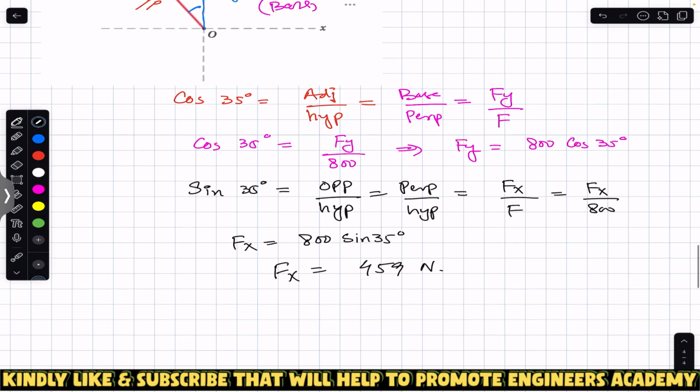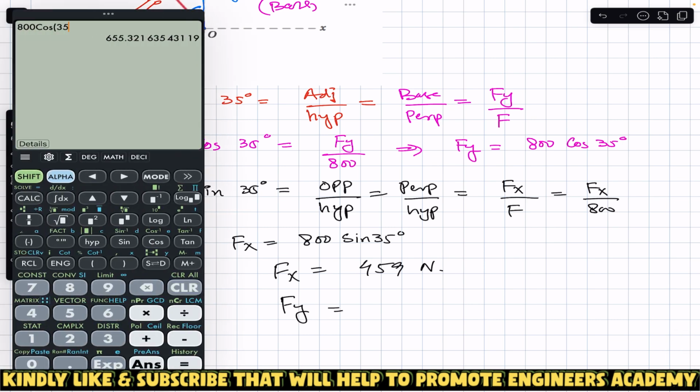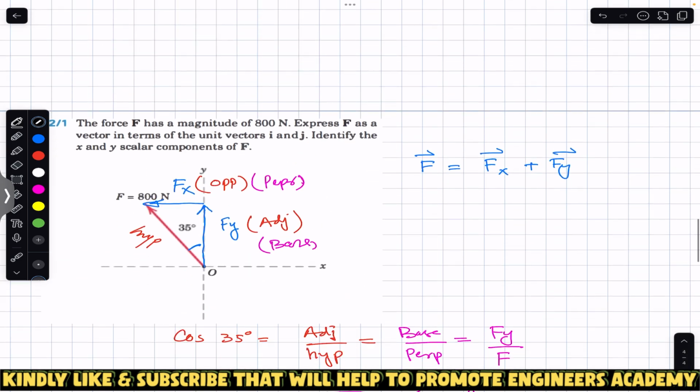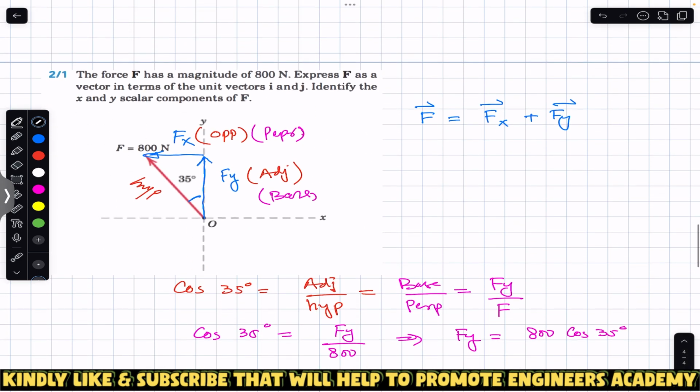So we can say that f of y is equal to 655.321 Newton.